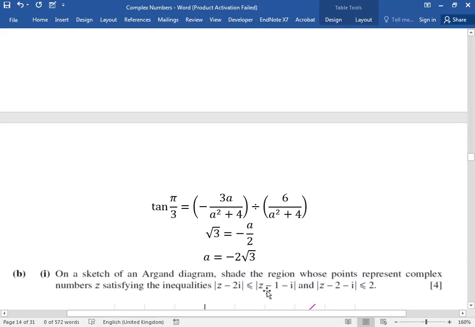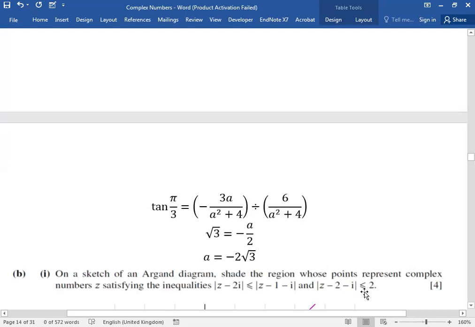What will you be drawing? You'll draw a perpendicular bisector between 2 iota and 1 plus iota. And z will be closer to the 2 iota point, right? Because its distance from 2 iota is lesser than its distance from 1 plus iota. Now, what about the next one?